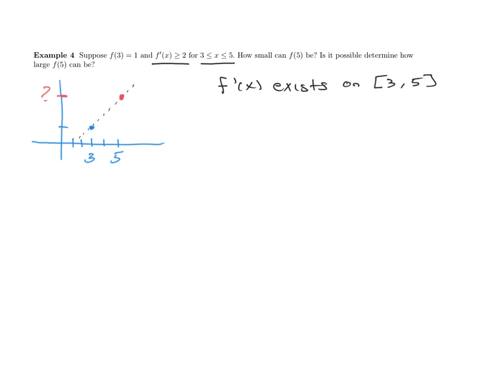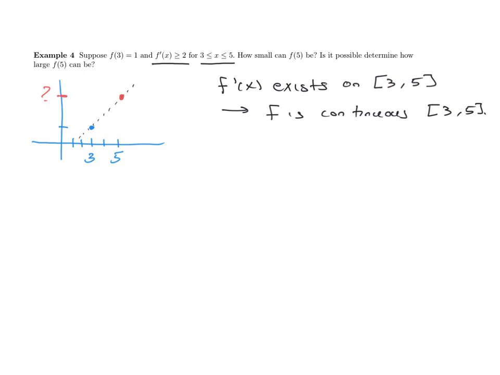And if a function is differentiable, meaning the derivative exists, then you know f is continuous on the interval from 3 to 5. So because we're told this is true here, we know it is continuous. And if it's differentiable on this interval, it's also differentiable inside the interval from 3 to 5 as well.